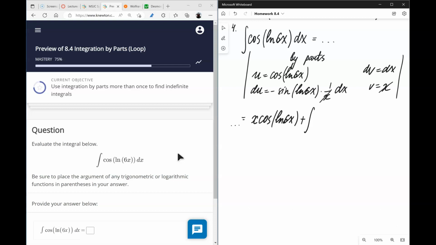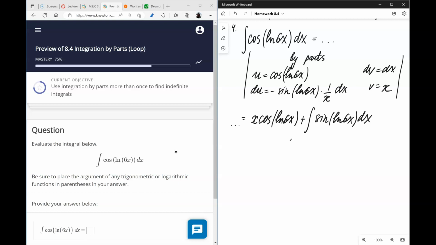So well, my Control Z doesn't work, so let me remove those strikes. And what we have left here is just the sine of ln of 6x.